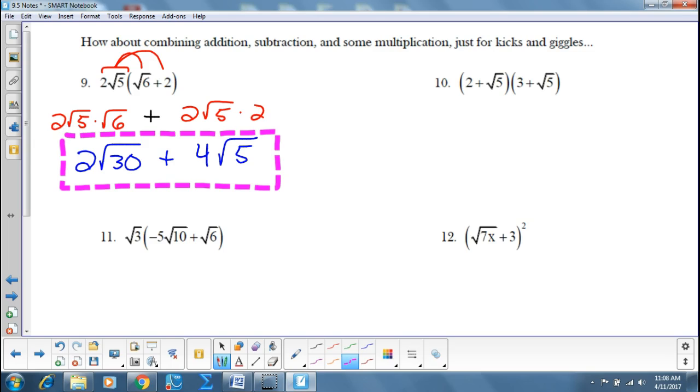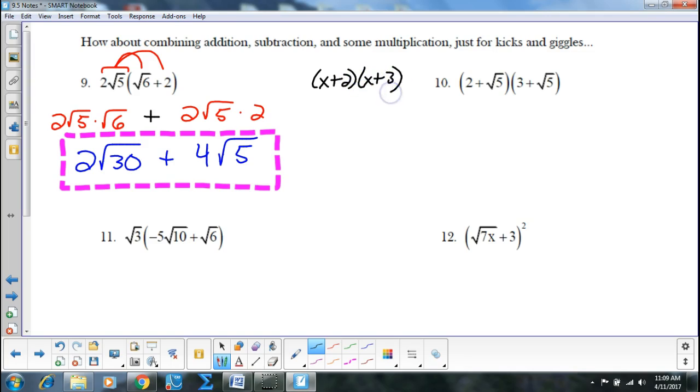Okay? What about the next one, number 10? What do we do on that one? This one would kind of look like, you've got to distribute x to x and then x to the 3, and then 2x and then 2 to the 3.